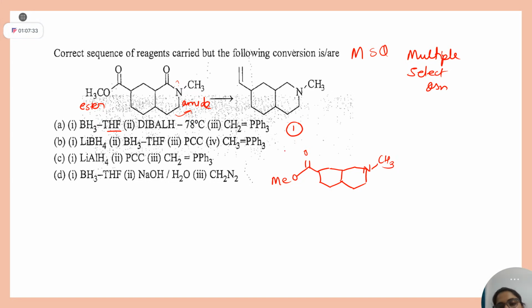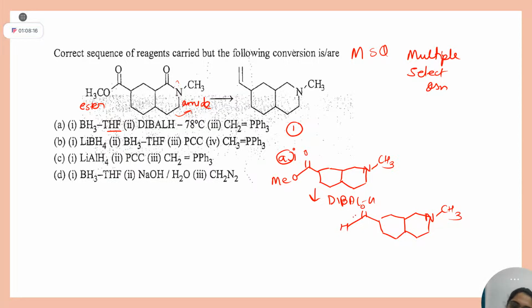And at last what is given is CH2 double bond PPh3. This product you get after the first part. Now they are adding DIBAL-H. Students, if not given, always consider one equivalent of DIBAL-H. I'm telling this from the competitive exam point of view. The ester will first be converted into aldehyde.